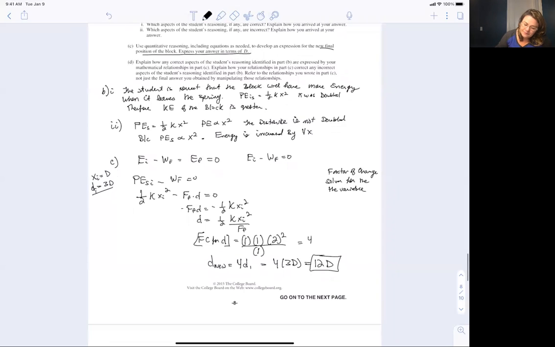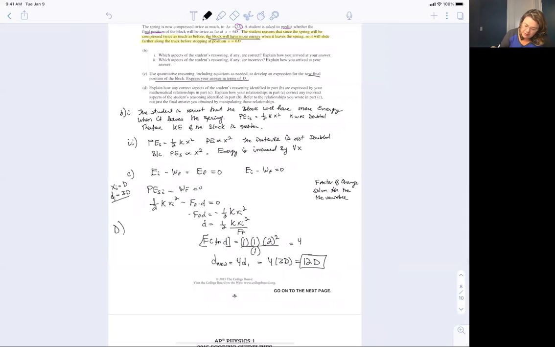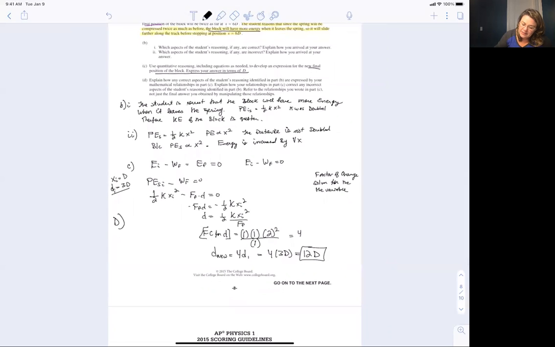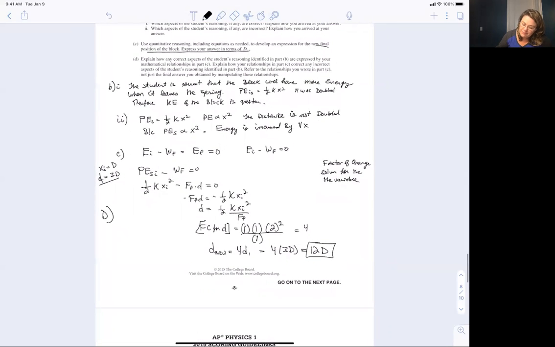All right, now the hard part is trying to put this in words, in my opinion. Explain how any correct aspects of the student's reasoning identified in Part B are expressed by this math that we just did. So the initial potential energy is proportional to x squared.